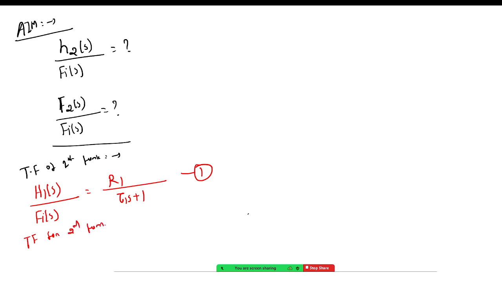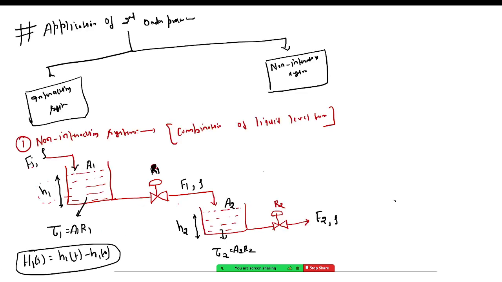Similarly, since this is a non-interacting system, directly I can write. Why is this a non-interacting system? The meaning is that the height in this tank, H2, will not depend upon the height in this tank. Are you getting it? This depends upon the inlet flow rate over here, right? If the inlet flow rate increases, then the height will increase. If the inlet flow rate decreases, then the height will decrease.